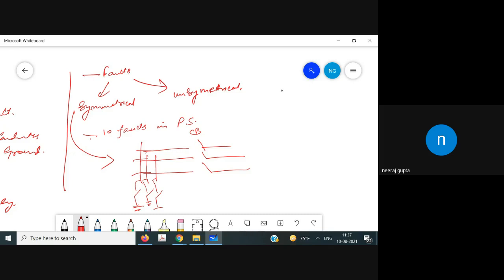Let us suppose that we have this circuit breaker, connected in the long transmission line, and the earthing switch is connected to the earth.